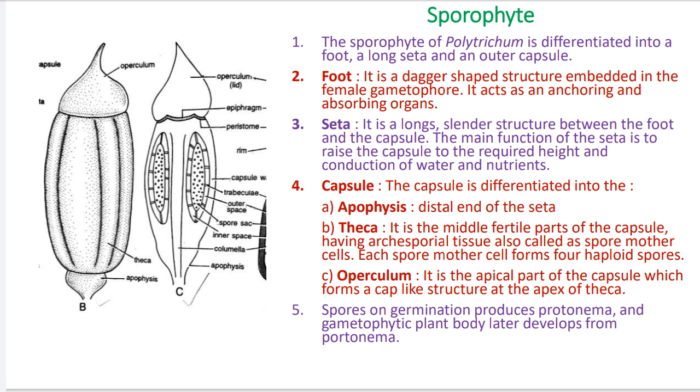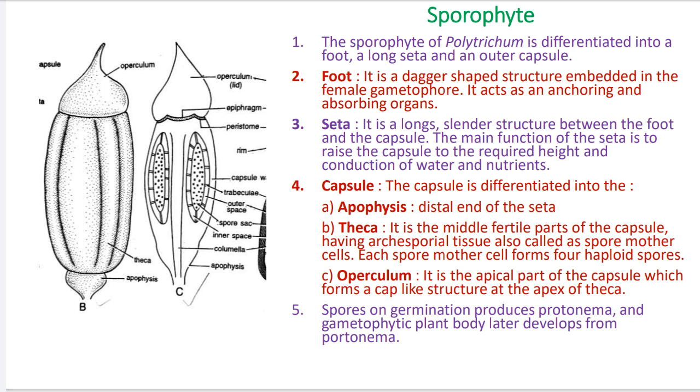Now the matured sporophyte of Polytrichum. Point 1. The sporophyte of Polytrichum is differentiated into a foot, a long seta and an outer capsule. Okay, the sporophyte in Polytrichum has all three parts: foot, seta and capsule.